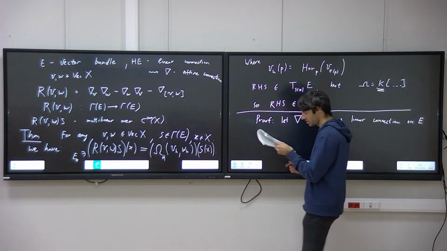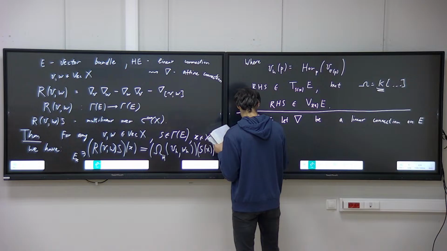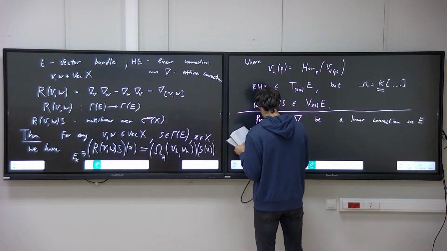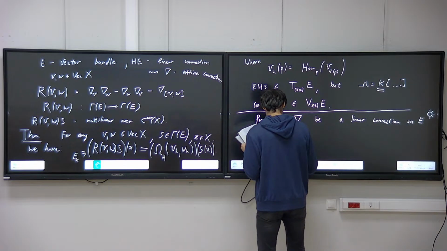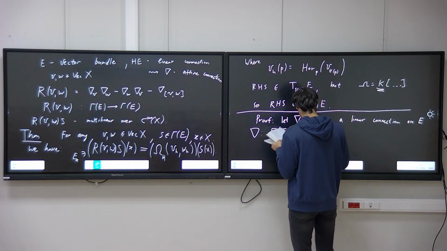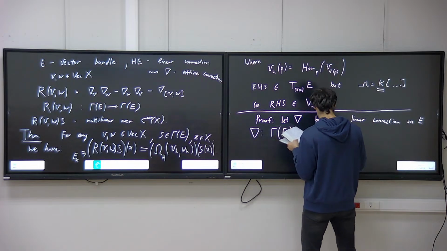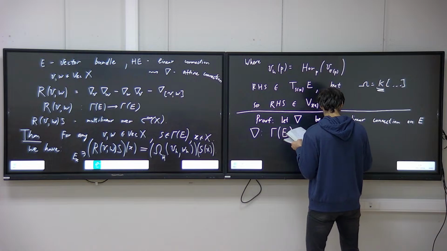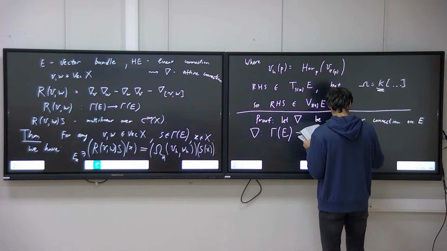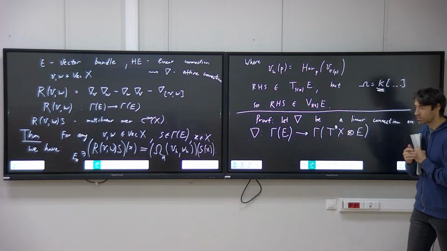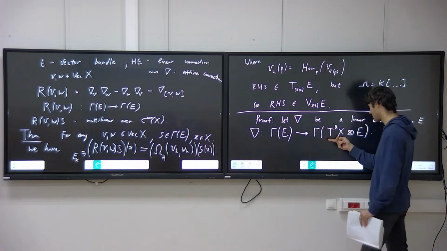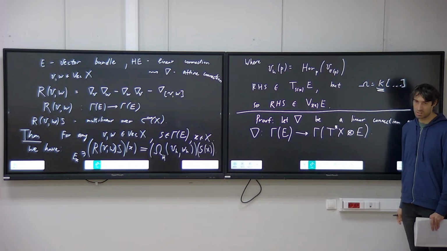As we defined, nabla is a map from gamma of E to gamma of T star X tensor E. Right, so if we don't specify the argument here, this part is like a vector field.